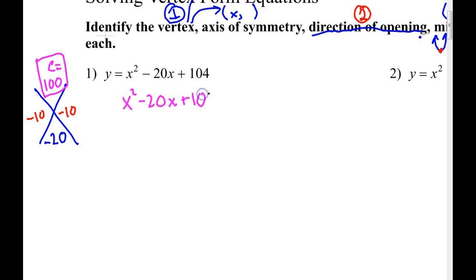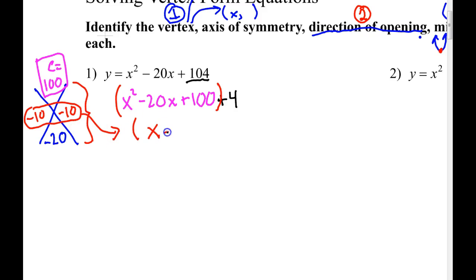Plus 100. And then since this actually equals 104, we have to add 4 more. And via this factoring right here, we already know that this factors to x minus 10, x minus 10, right? Which is the same as x minus 10 to the second power. And then you can bring down the 4.